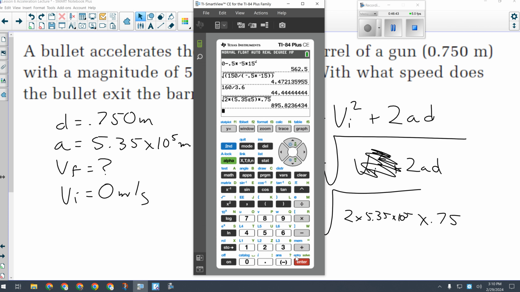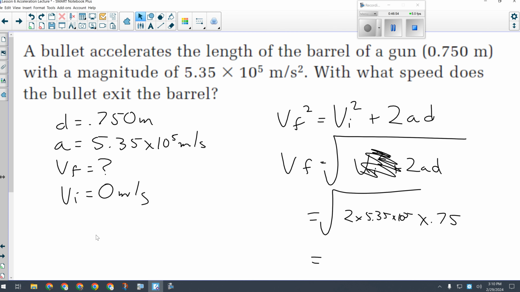Okay, so the bullet leaves the barrel of the rifle moving at 896 meters per second.